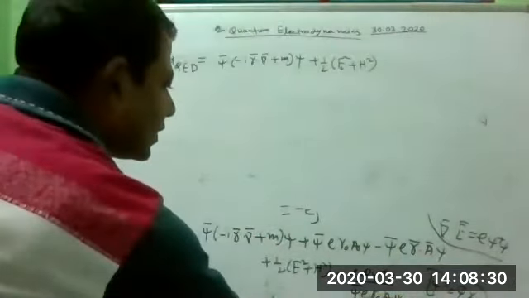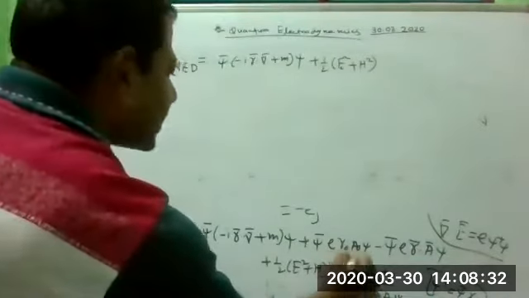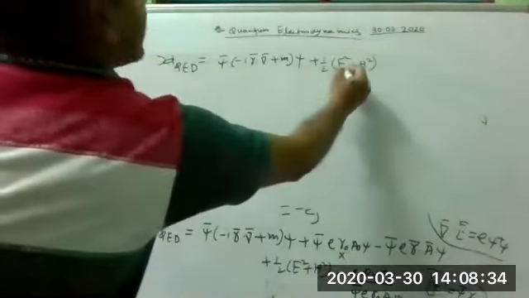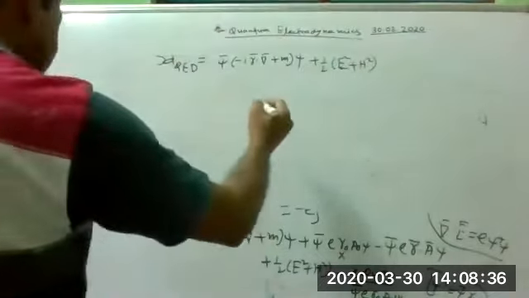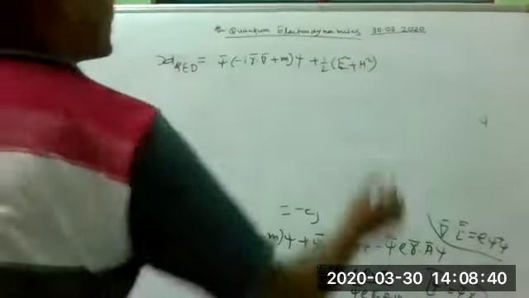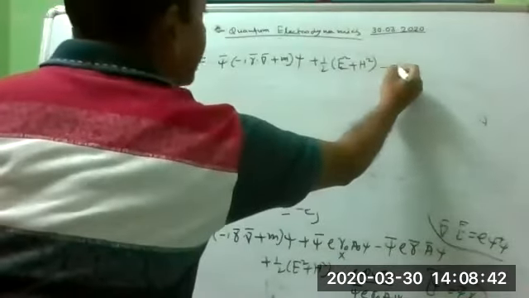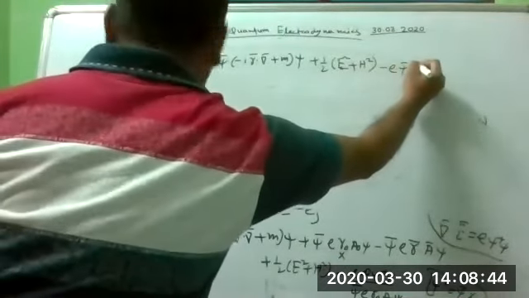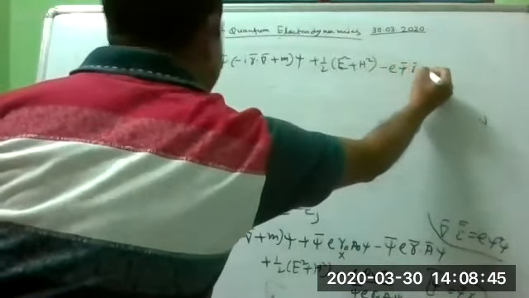So this term and this term cancel out. So we can write this half E squared plus H squared minus e psi bar gamma vector dot A of psi.